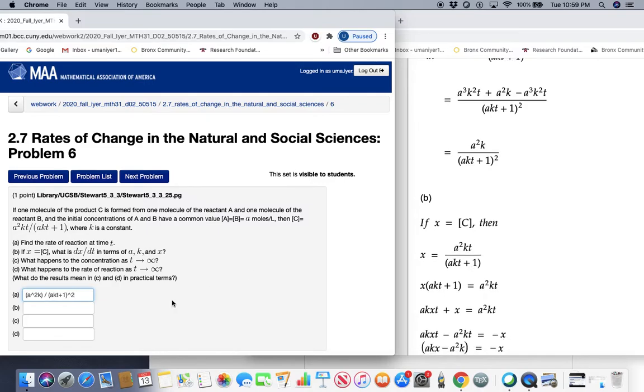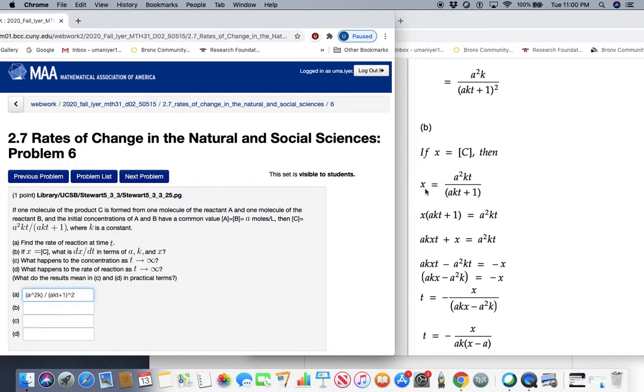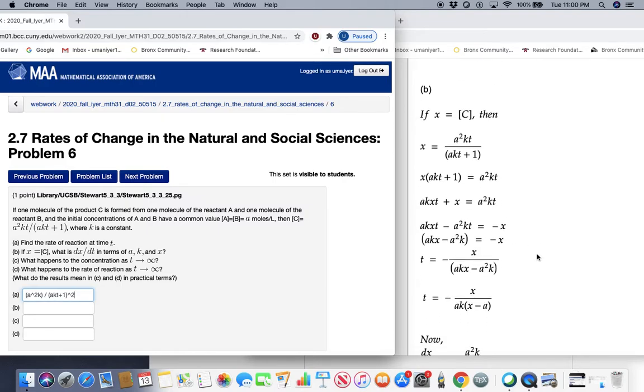You don't want your answer to contain t, so let's take care of t, that is, solve for t. Cross multiply, you get x times this equals a squared kt. x has a denominator of 1, so 1 times a squared kt. Distribute the x, the right-hand side is fine as it is.